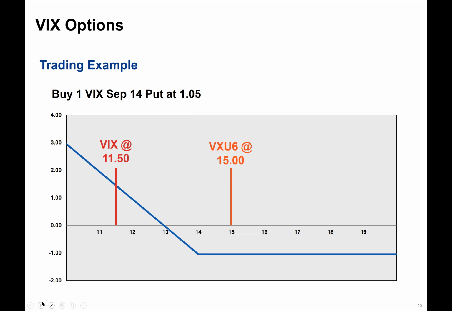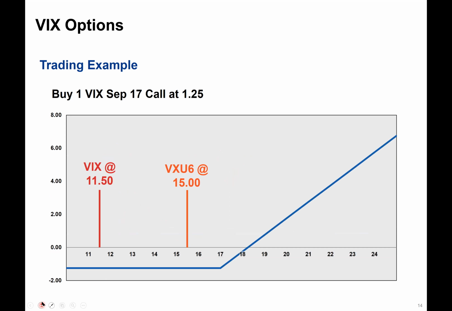Now, what's difficult about VIX and what really gets people excited about VIX is trying to take advantage of those periodic spikes or be prepared for those periodic spikes. Well, in this case here, again, we had VIX at 11.50 and the September future at 15 bucks.